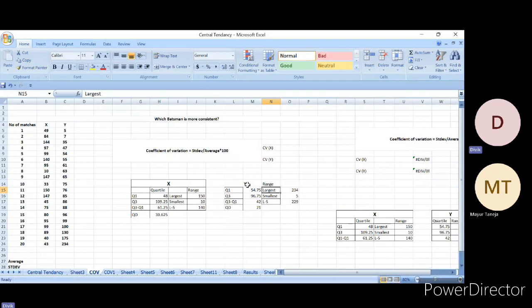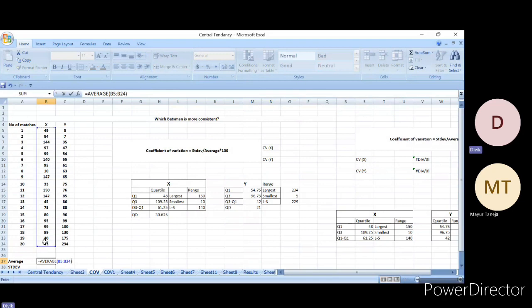Coming to coefficient of variation, which is calculated when the question asks whether the batsman is consistent or performs uniformly. When words like which batsman is more consistent, which batsman is more uniform in performance are used, we calculate the coefficient of variation, for which the formula is standard deviation upon mean into 100. So first we calculate the average, that is the mean, of both series, like this.